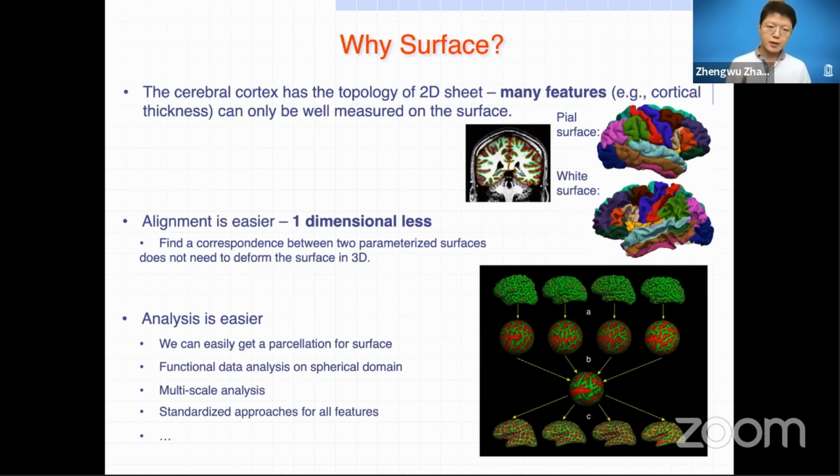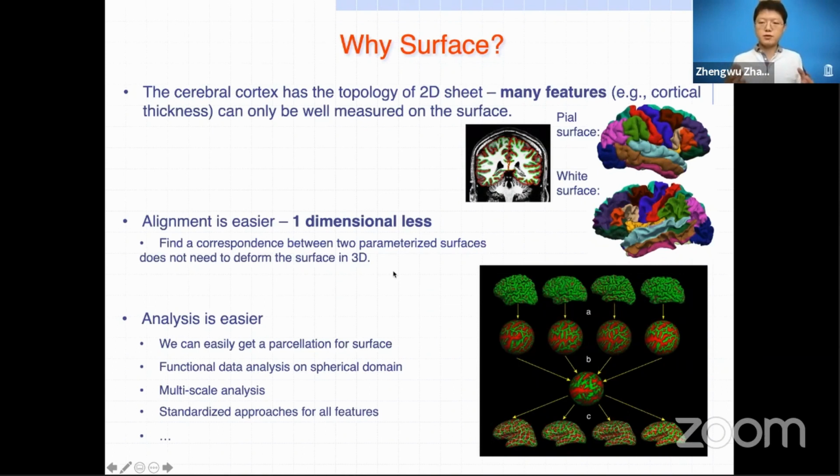advantage for doing this type of analysis on the surface is that when you do the alignment, when you try to find correspondence between people, you don't really need to change the shape of this pial surface or white surface. You only need to change the parametrization of the surface.